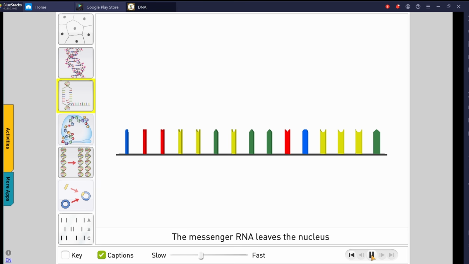So again, what is important to take note here is that this time adenine should pair with uracil. Still, there would be thymine here that would pair with adenine, but once adenine is present in DNA, it would pair to uracil. So for us to have a concrete example, I will be showing you the PowerPoint.